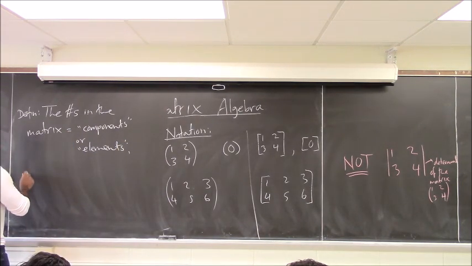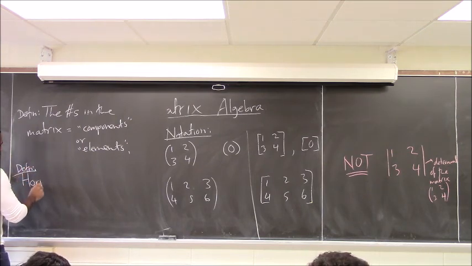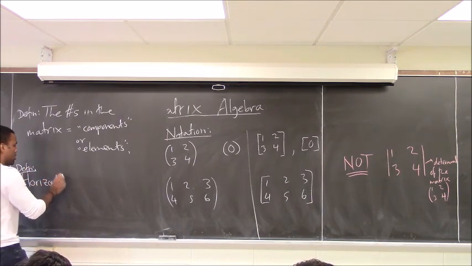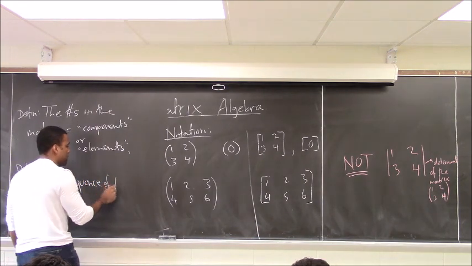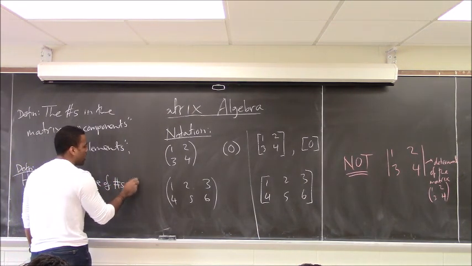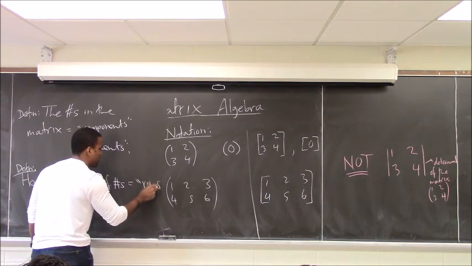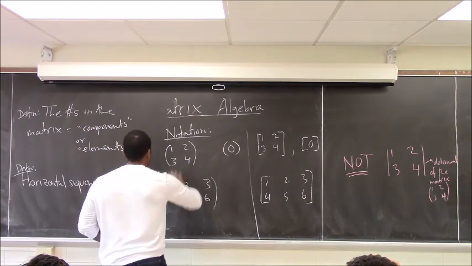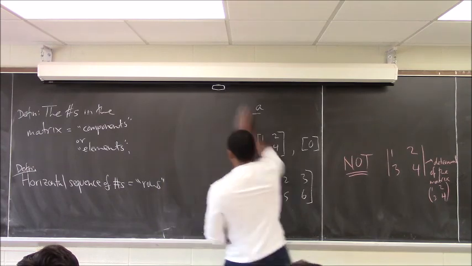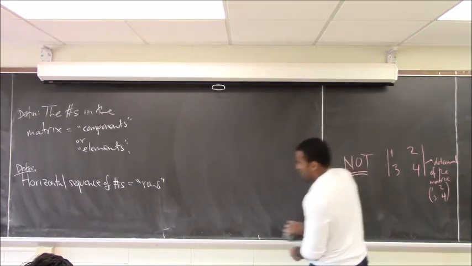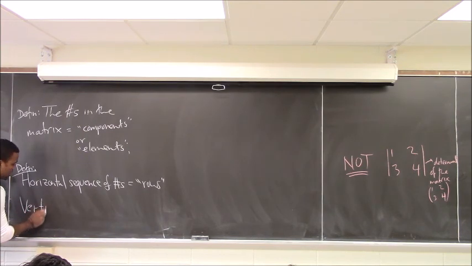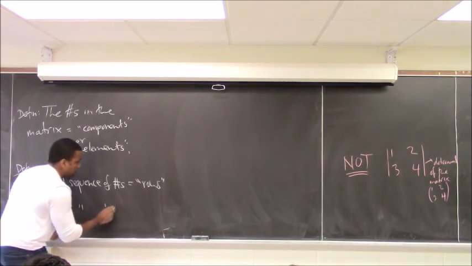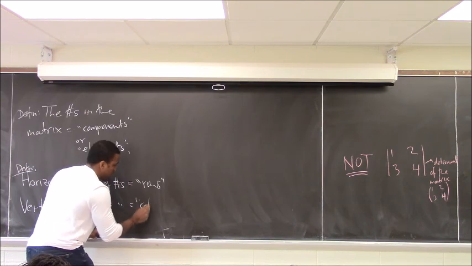Now, here's another definition. A horizontal sequence of numbers, we call these rows of the matrix. A vertical sequence of numbers, we call these columns.